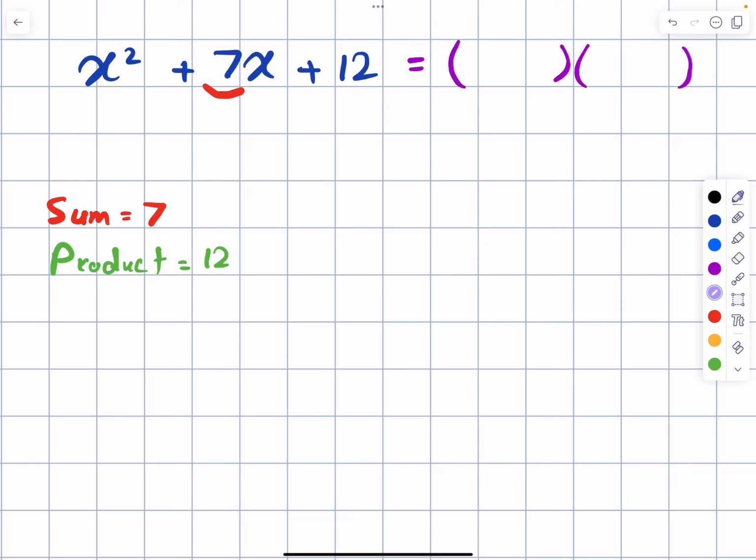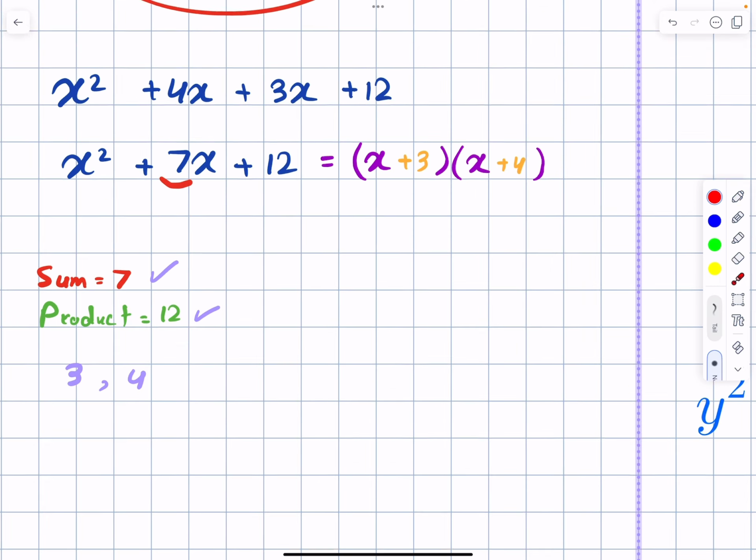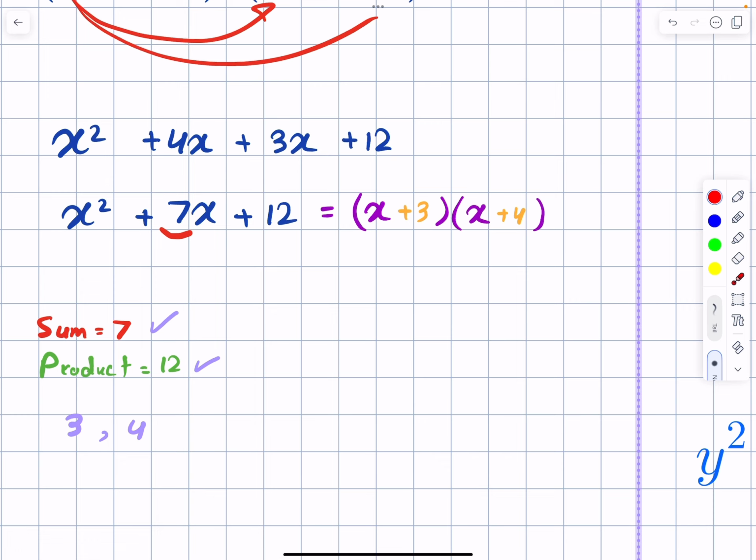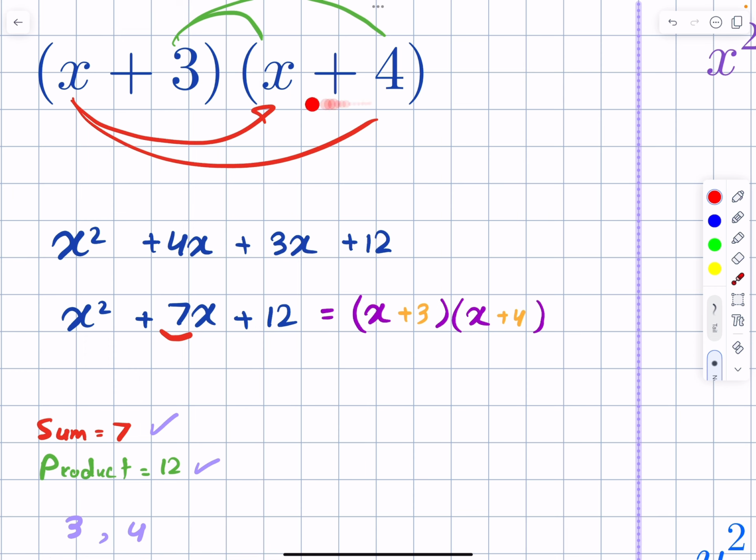Now the two numbers that add up to 7 and multiply to 12 are 3 and 4. So that's why here we put x, and the two numbers would be 3 and 4. As we expanded this before, when we added 3x and 4x, we got 7x, and when we multiplied 3 by 4, we got 12.